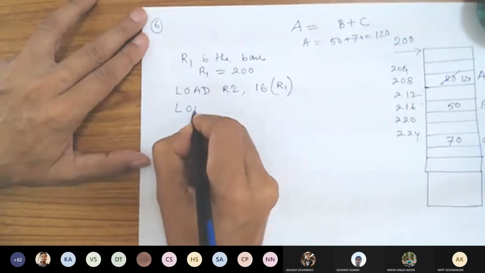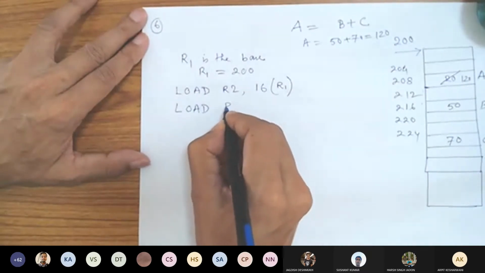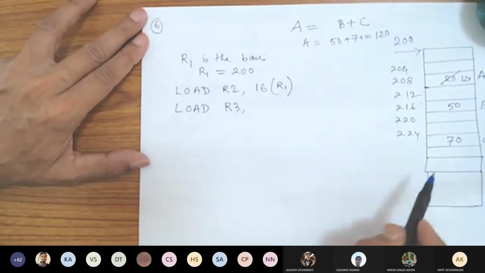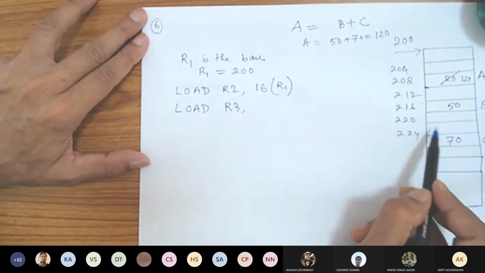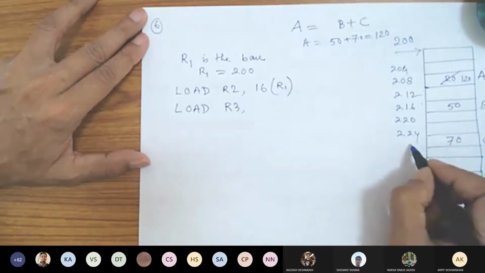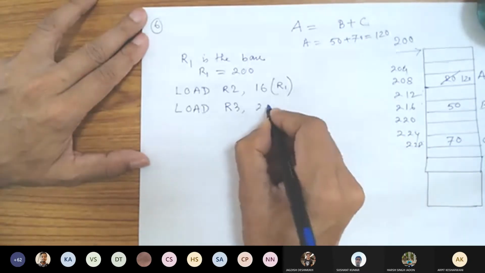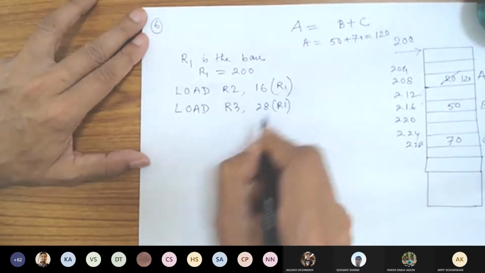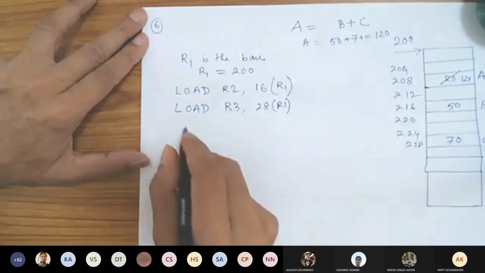What you do next? Load R3. This is 16. This is 20. This is 24. This is 28. Please check whether I'm doing this offset correctly as per this diagram or not.